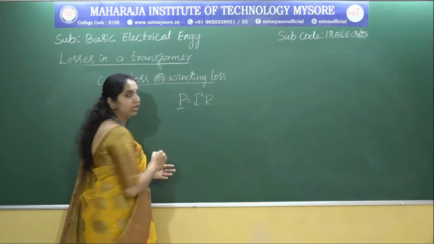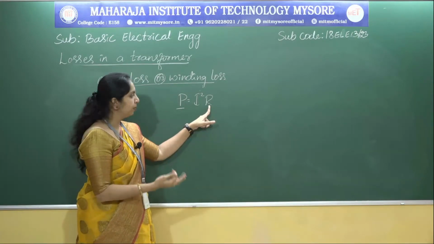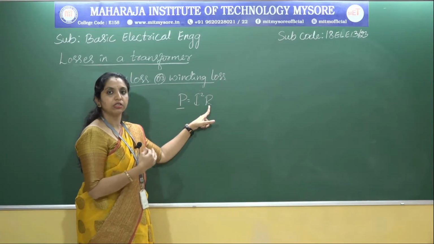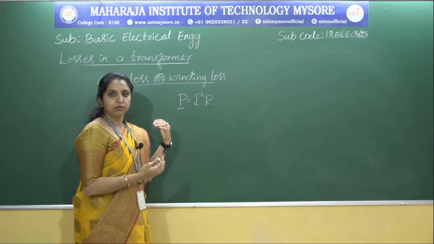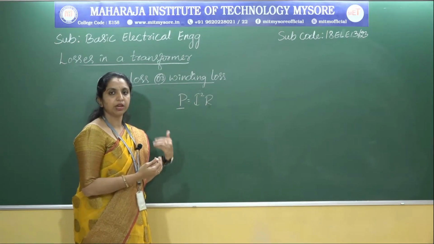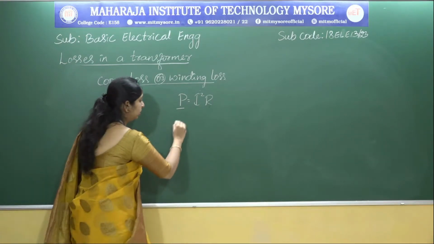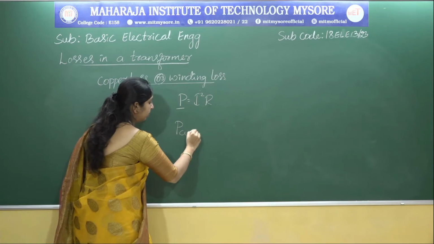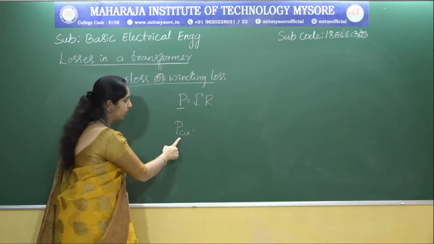The power is wasted because of the resistance we use at the primary as well as at the secondary, and this copper loss depends on the magnitude of the current which passes through these two resistances. So we can express the copper loss as Pcu, where Cu indicates copper.